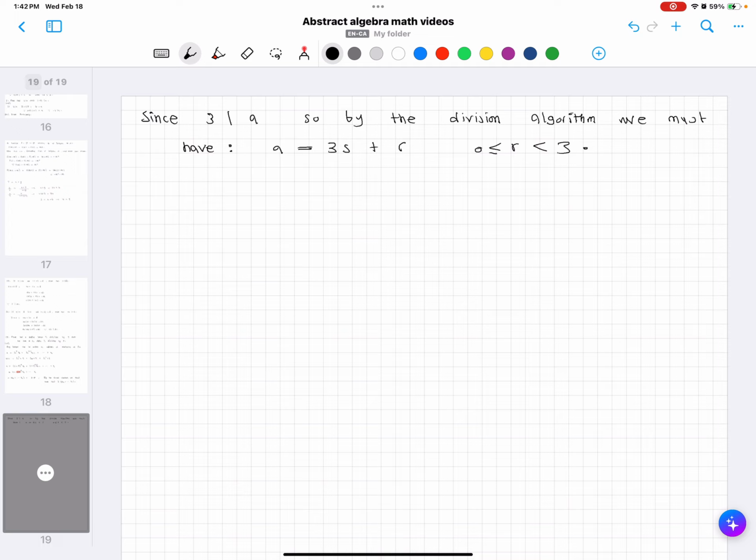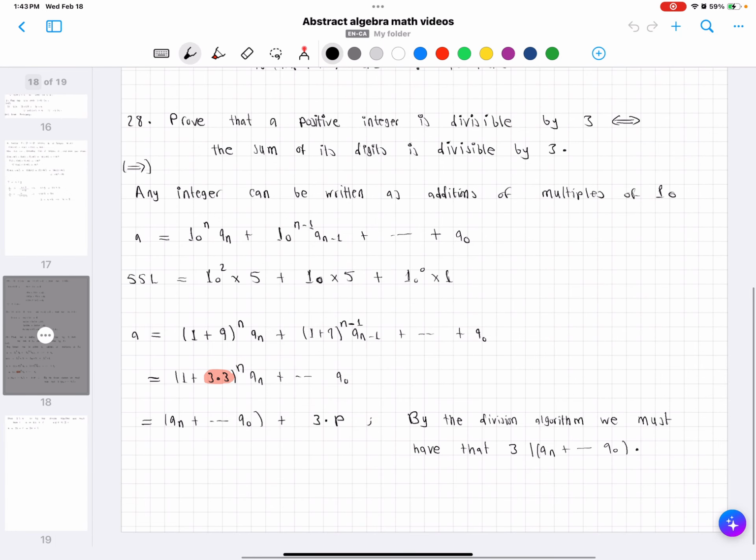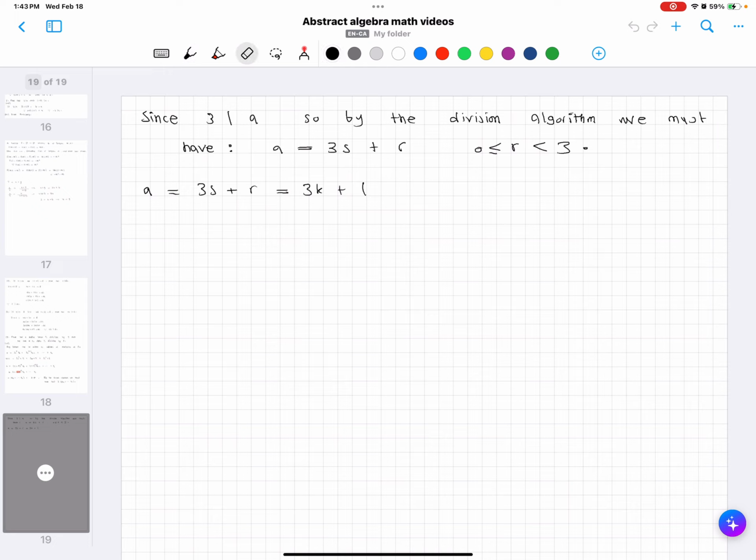And also a can be expressed as a multiple of 3. So you have 3s plus r, which is equal to 3 times p plus a naught plus all the way to a_n, where r is 0.